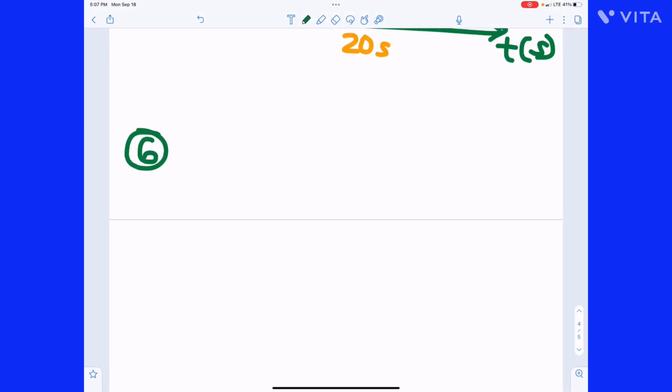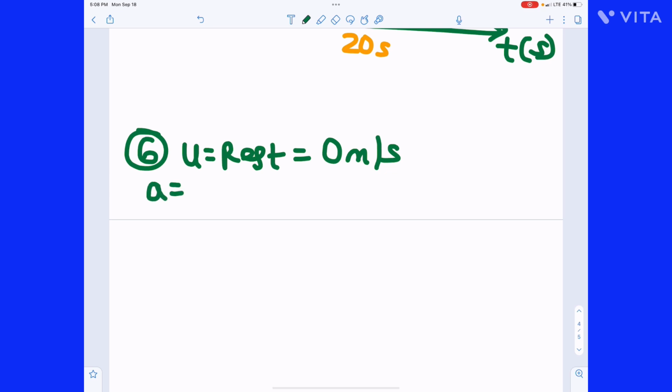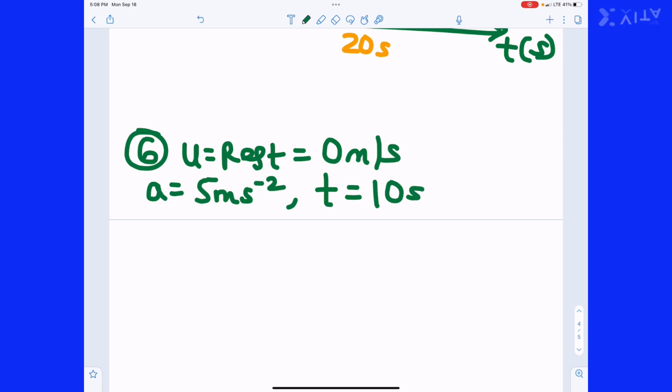A car starts from rest, so initial velocity was rest. Rest means 0 meters per second. It moves with an acceleration of 5 meters per second squared for how many seconds? 10 seconds. It says calculate the distance traveled in the last second.